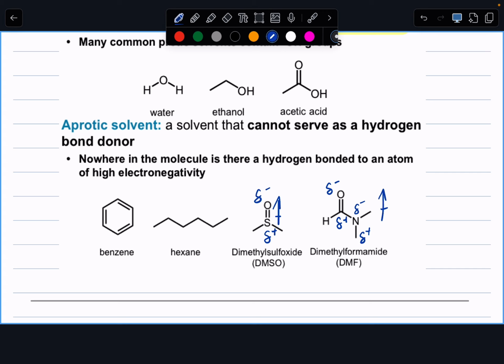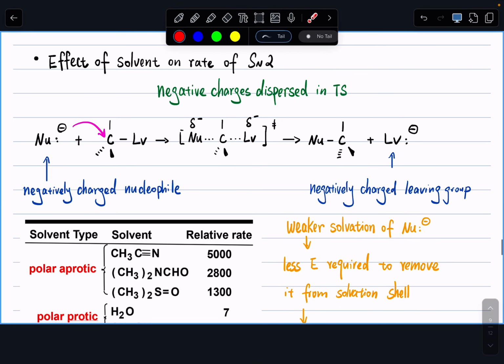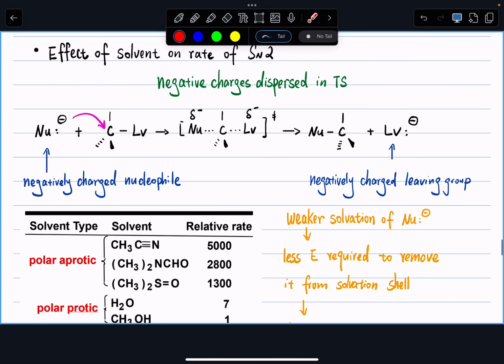So how does the solvent affect the rate of my SN2 versus SN1 reactions? Let's think about it. First, let's look at SN2. Again, this is the mechanism we went over: in the starting material, your charges are fully separated, or your nucleophile is negatively charged. In your product, your leaving group is negatively charged. However, in the transition state, the negative charge is delocalized on both the nucleophile and the leaving group.